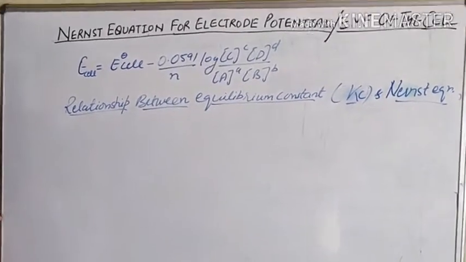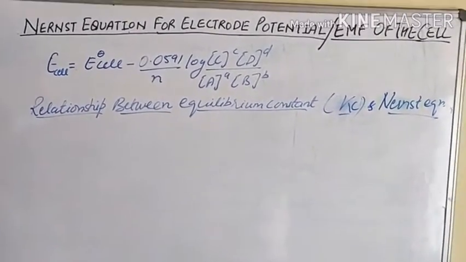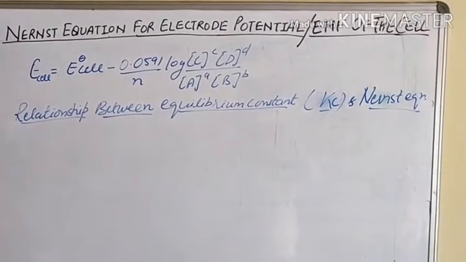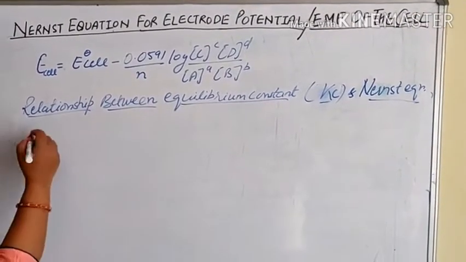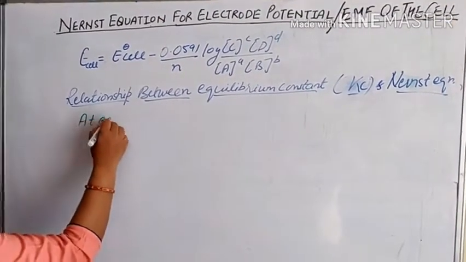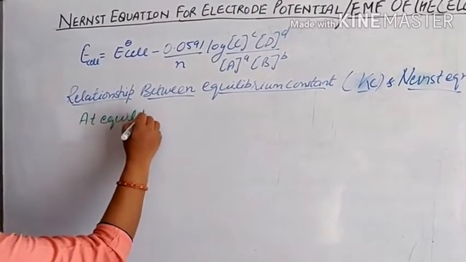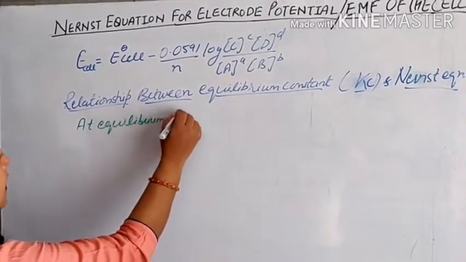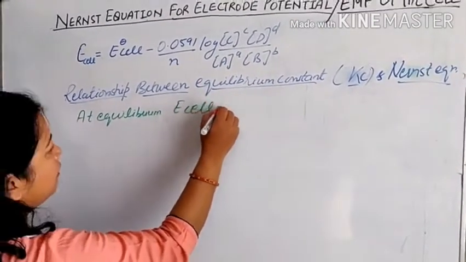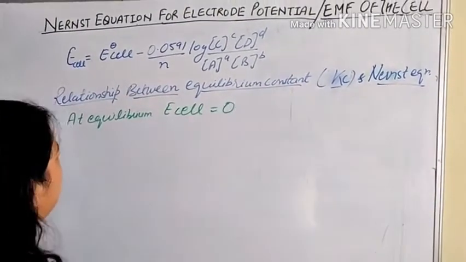Now we'll see the relationship between the equilibrium constant Kc and the Nernst equation. At equilibrium, E cell is equal to 0.